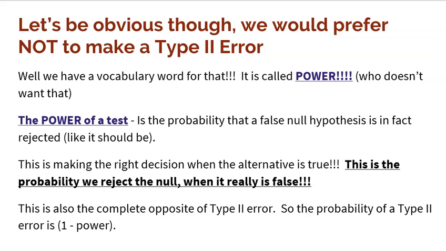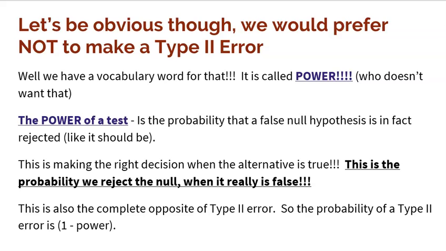The power of a test is the probability that a false null hypothesis is in fact rejected, like it should be. This is making the right decision when the alternative is true. Power is a good thing. When we reject a null that's wrong, we have a lot of power. So power is the probability we reject the null when it's really false. Now, this is the complete opposite of type 2 error.